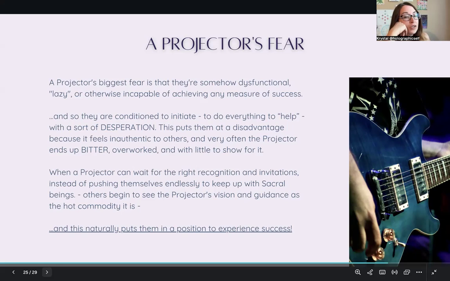So the challenge for projectors is finding something to do that they love, that they care about, and focusing on building that up quietly and trusting that they'll be noticed, that they'll receive the right invitations. That doesn't mean writing in your journals and never sharing them with anyone, or never posting pictures of your art. It means you've got to show up. You've got to be visible to where the collective can see you.